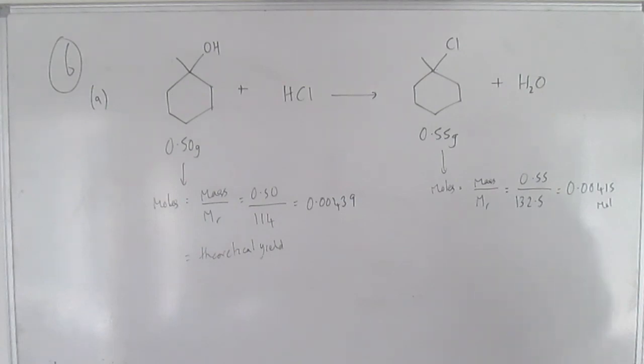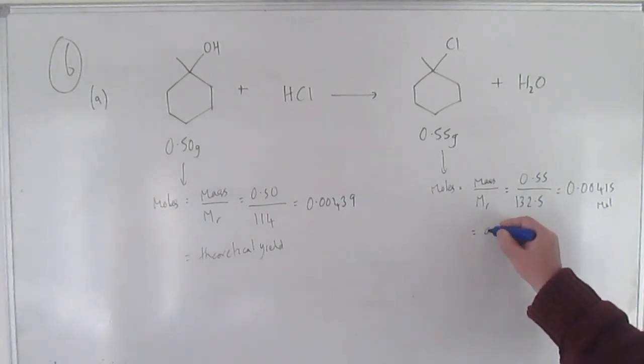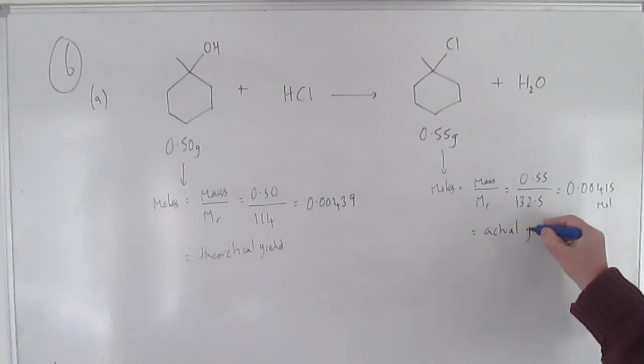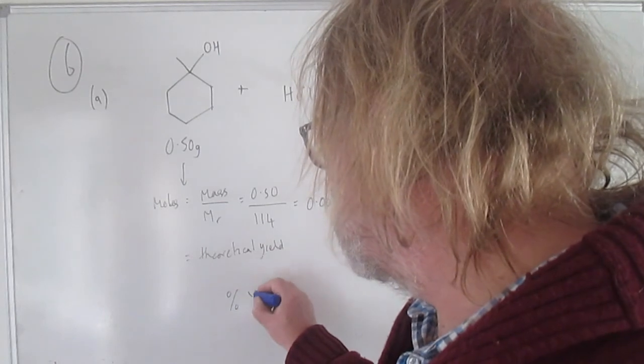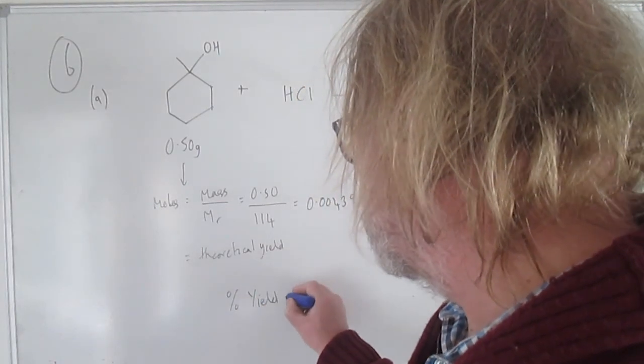So then we've got all the information we need, because that's our actual yield, and so we can plug those numbers then into our percentage yield expression. So always write it down. As with everything else, don't just put the numbers down.